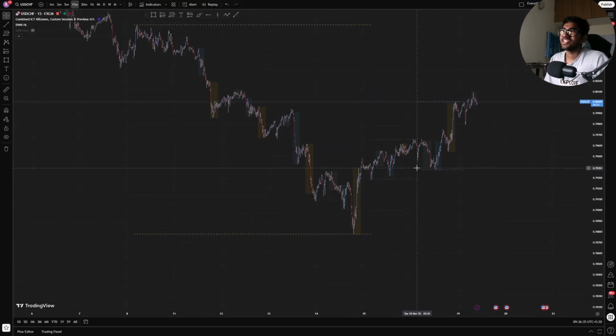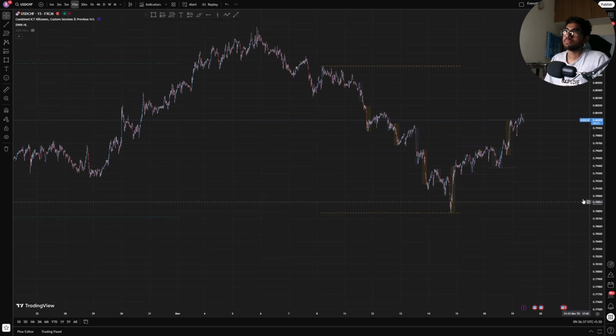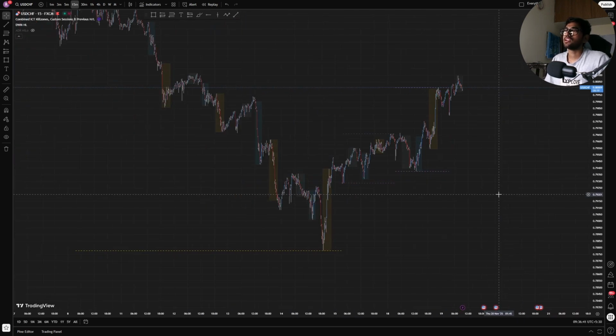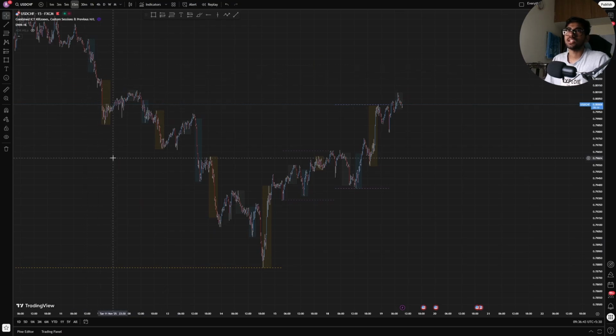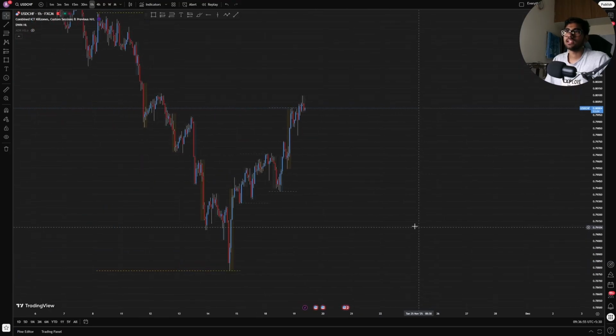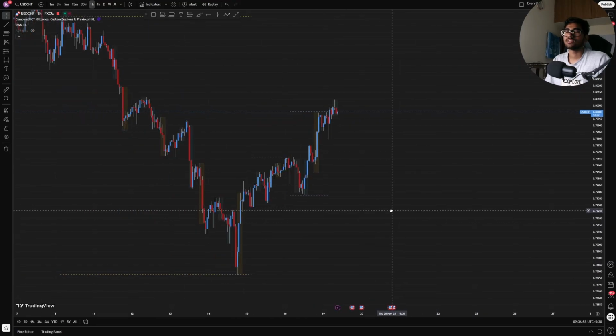So USDCHF, I would be skipping USDCHF because I'm not getting a clear picture, right? So we're on the down, but price has now put in a change of character, okay, and a break of structure. But price isn't respecting any of the zones. Like, I deleted all the zones, but price isn't respecting.